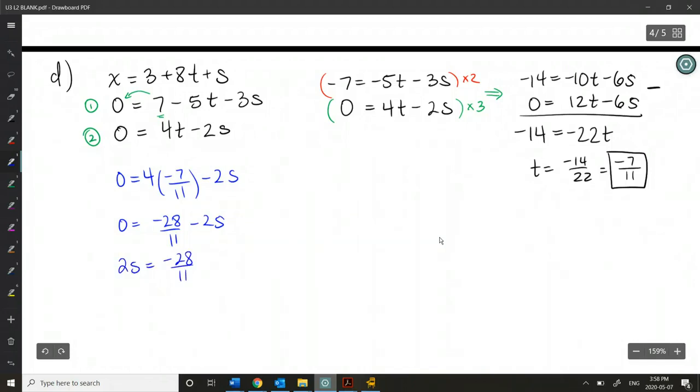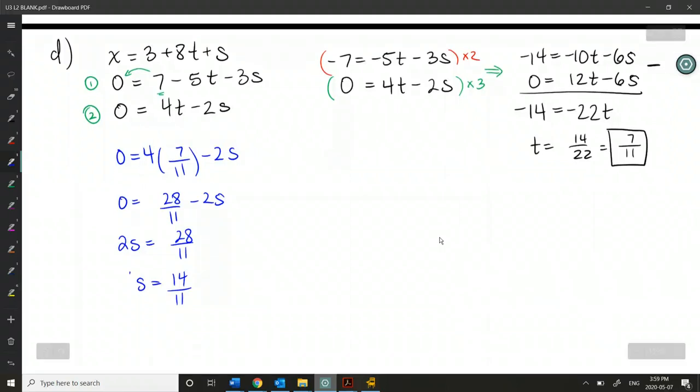And we'll say 2s equals negative 28 over 11. So if we divide out that 2, we're going to end up with, oh, sorry, I made a little mistake here. These are positive, so I was just thinking this doesn't really make sense. Sorry, 14 and the negative 22, the negatives cancel out there, so just fix that. Okay, so then when we divide out here, we're getting 14 over 11 for s.